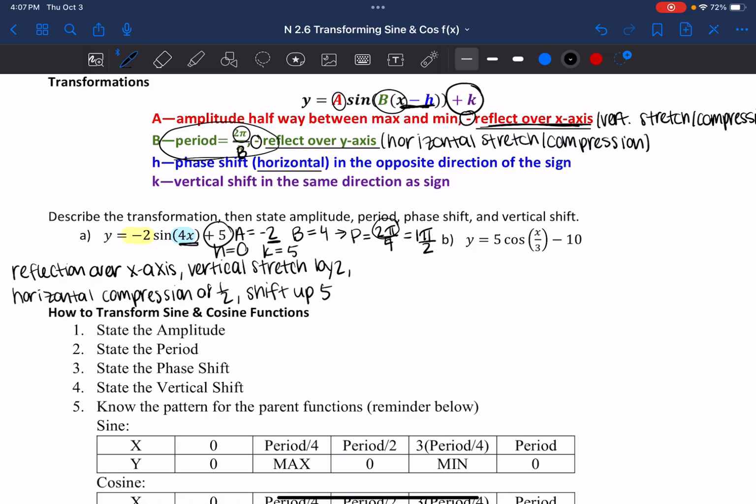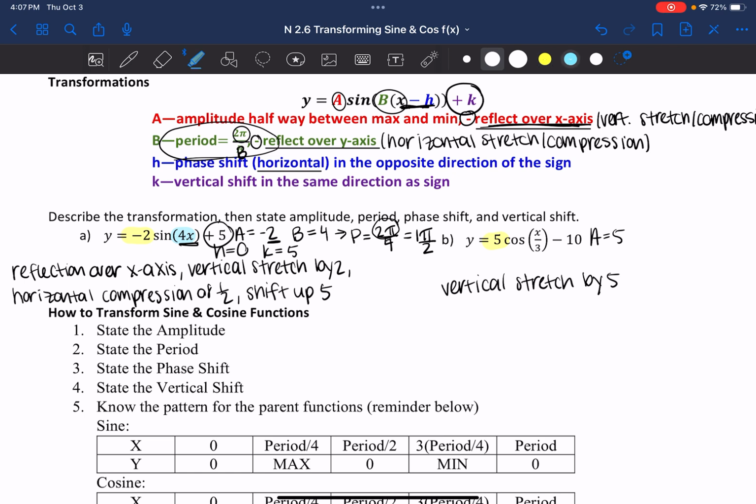All right, for B. Again, first we need to identify our amplitude, which would be 5 here. So my A is 5, and what this means is that we would have a vertical stretch by 5.